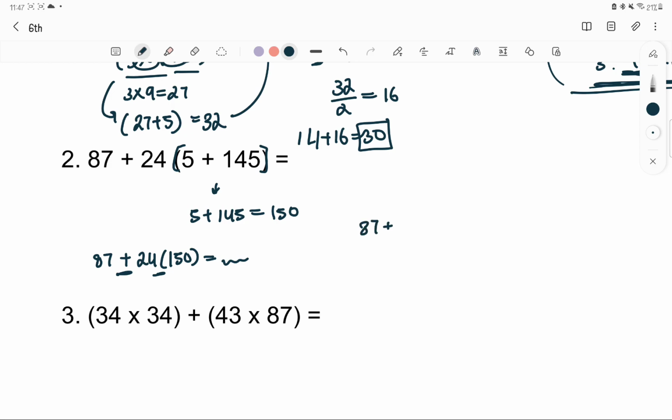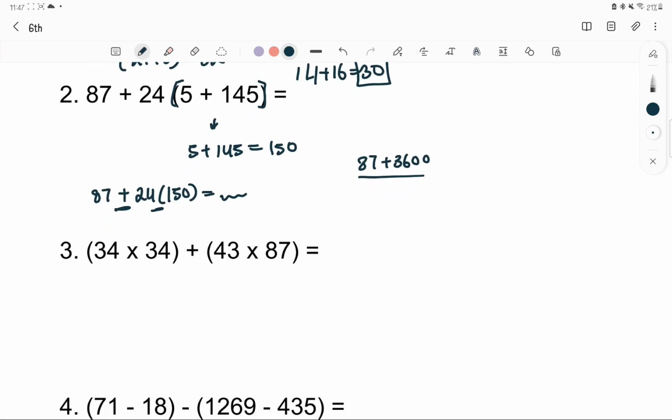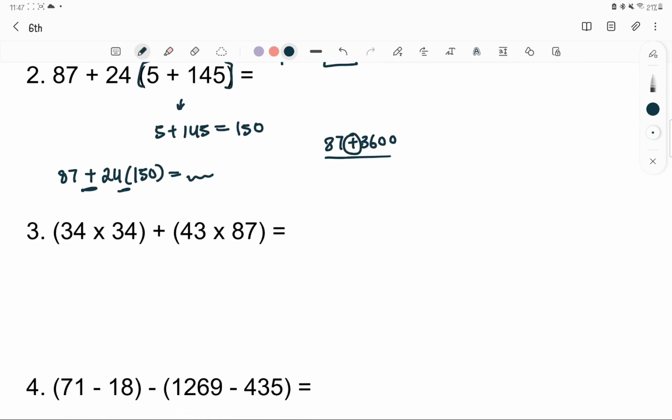So 87 plus 3,600. So now we have addition, finally. Only addition, and 3,600 plus 87 is just 3,687.